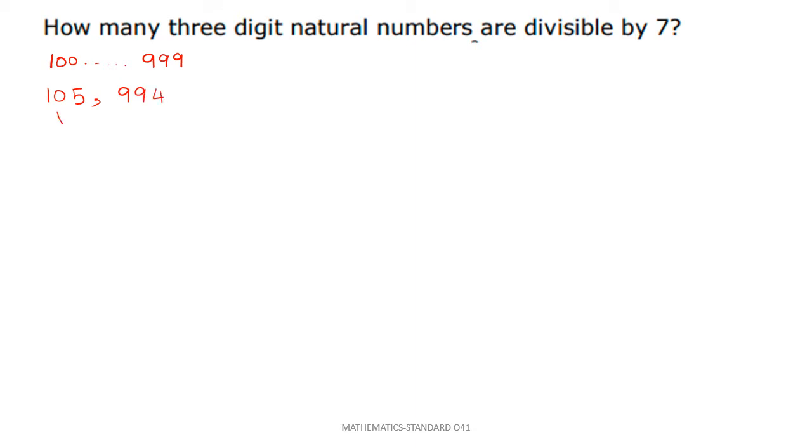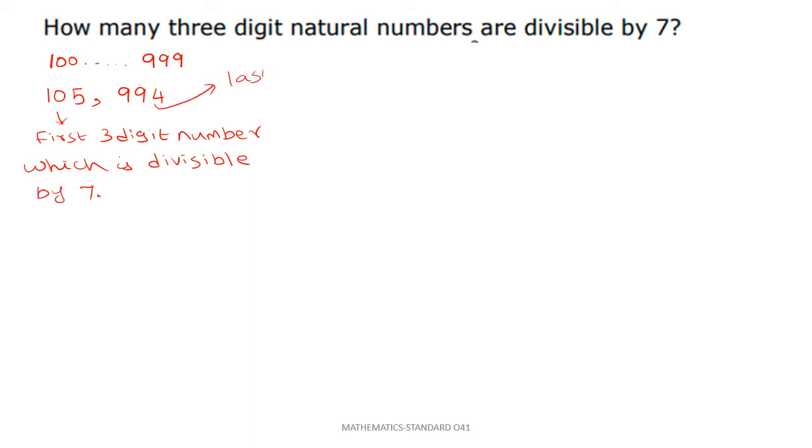So this is the first 3-digit number which is divisible by 7. And 994 is the last 3-digit number which is divisible by 7.